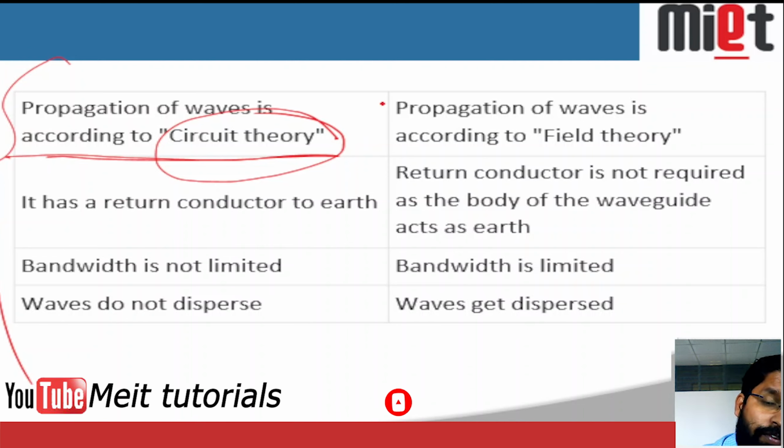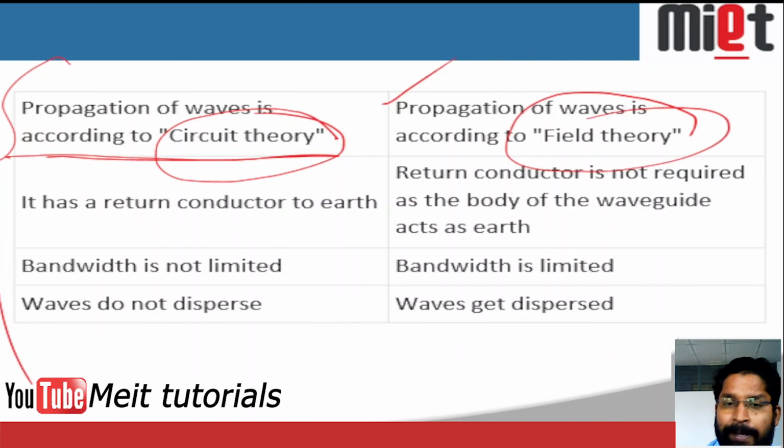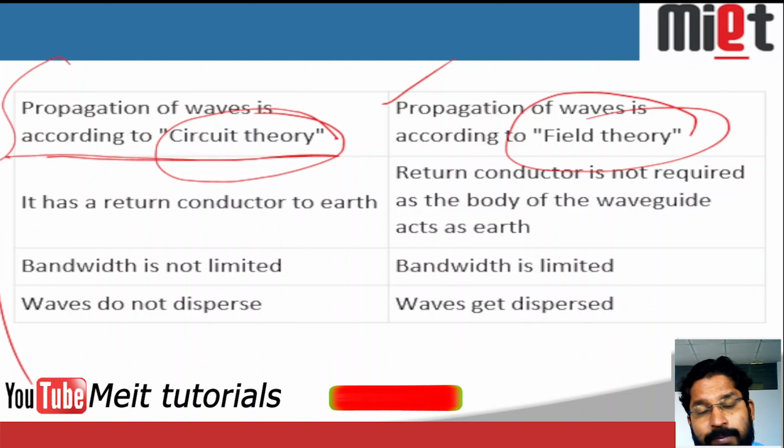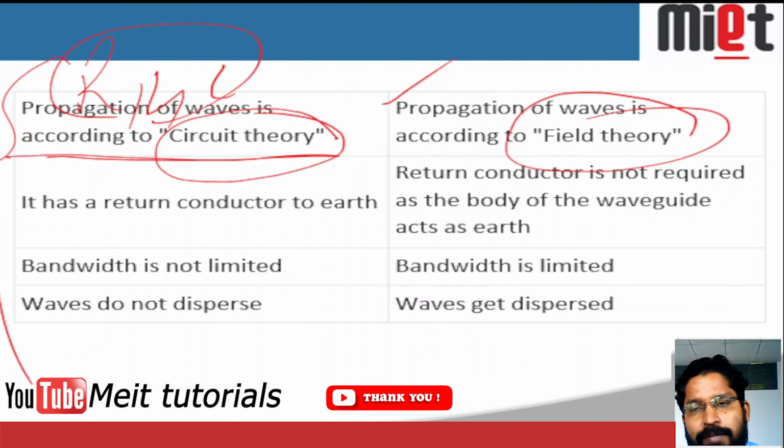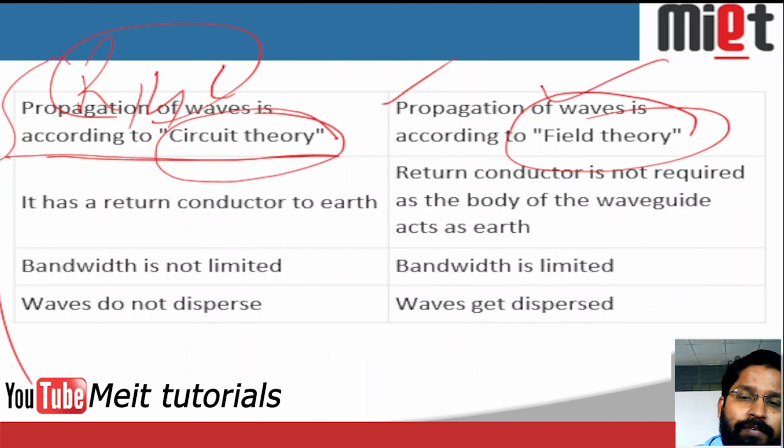But the propagation of waves inside the waveguide we calculate with the help of field theory. This is also important. The behavior of the transmission line we calculate with circuit theory, meaning RLC parameters, but the propagation of waves inside the waveguide we calculate with wave field theory.